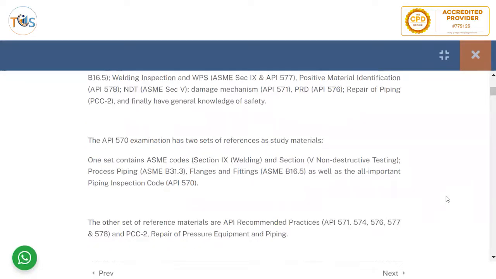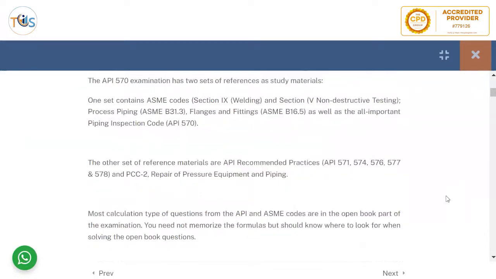The API examination has two sets of reference documents as study material. One set has ASME code, Section 9 welding, Section 5 non-destructive testing, B31.3 process piping, B16.5 flanges and fitting, as well as the all-important piping inspection code, API 570.